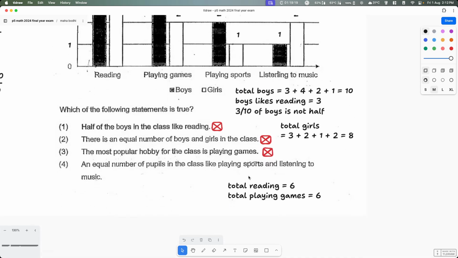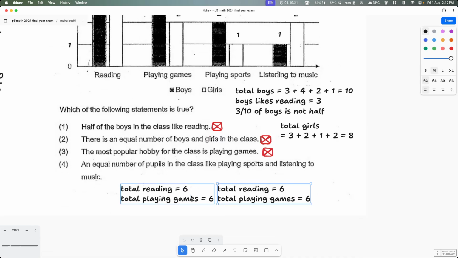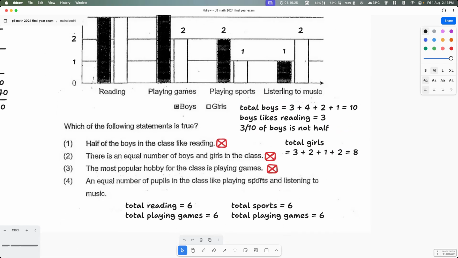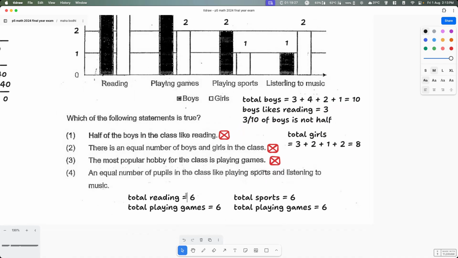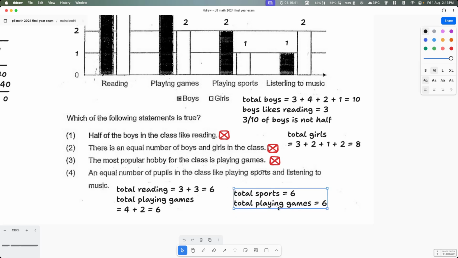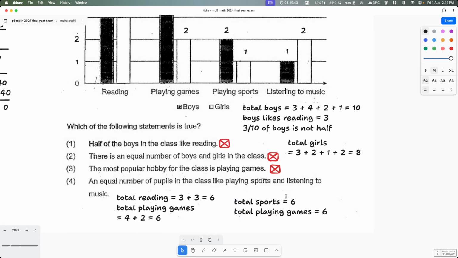Right, this way. Okay, so total reading, total playing, but total sports. Okay, this one total reading is 3 plus 3 lah. 3 plus 3 equal to 6. Right, and then this one is 4 plus 2 equal to 6. Total playing sports is 2 plus 1 is equal to 3.